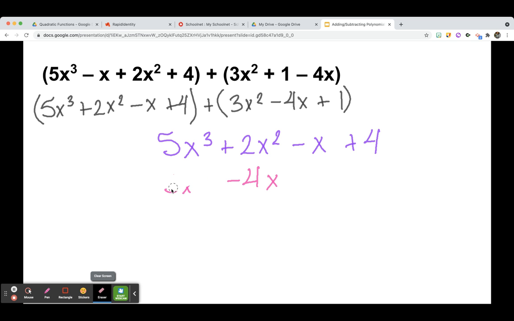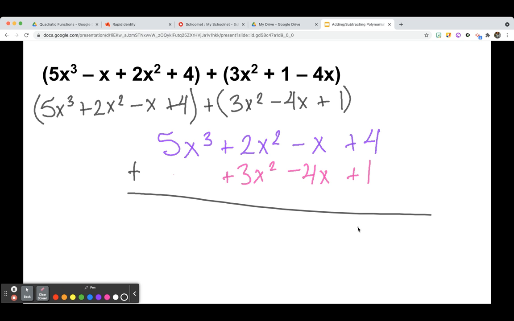Let's line them up correctly. 3x squared, and that would be positive, minus 4x plus 1, and we are adding in this case. That was a crappy looking line. And let's find our answer.